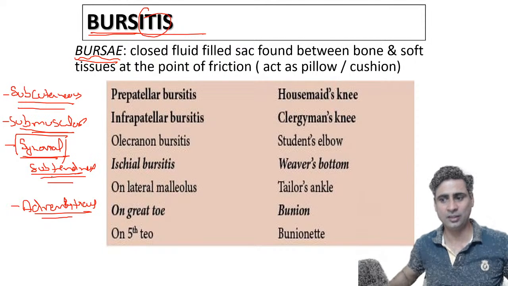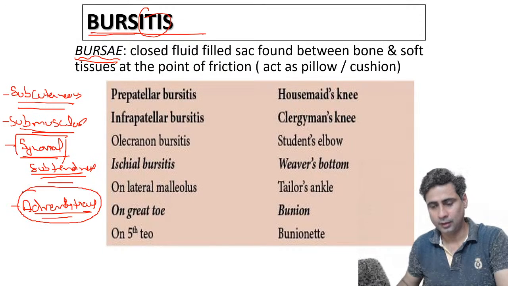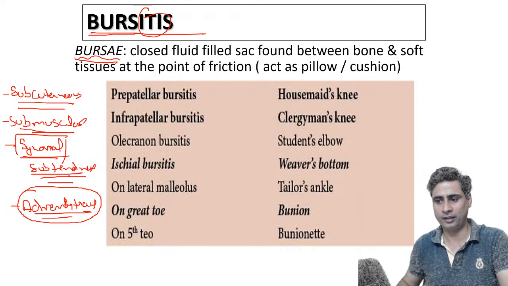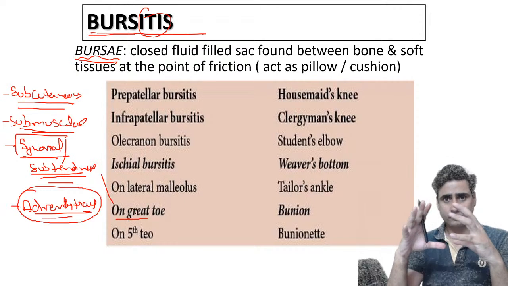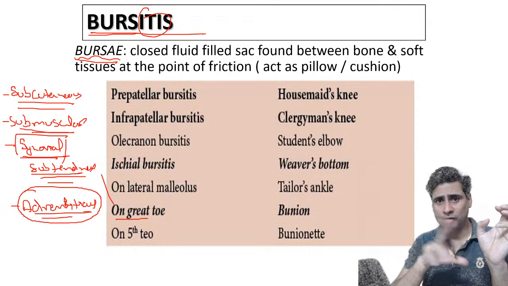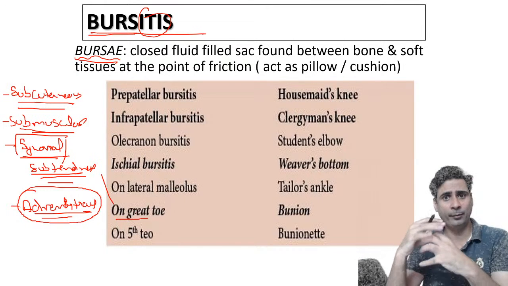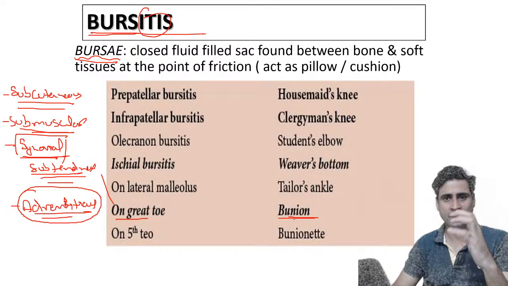But these adventitious bursa, they develop later on due to continuous friction. For example, here you can see on great toe, whenever there will be hallux valgus, at the head of first metatarsal on medial side, there will be development of bursa, that is known as bunion. So that will be adventitious bursa. So these are the types of bursa.